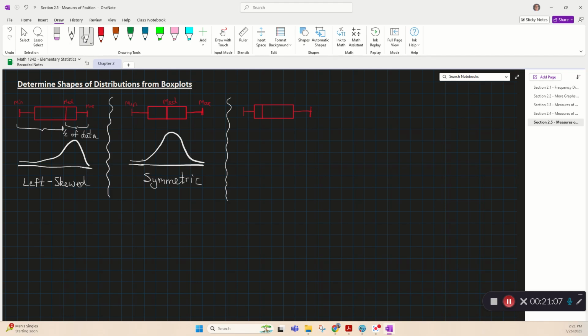Okay. Now, this is telling me that this one little bit over here is half the data. And then this piece way over here is the other half of the data.